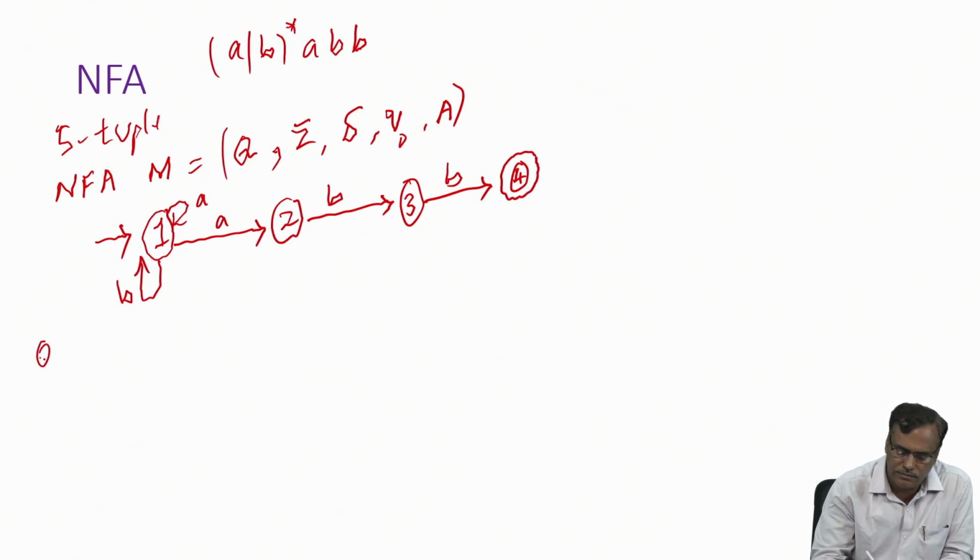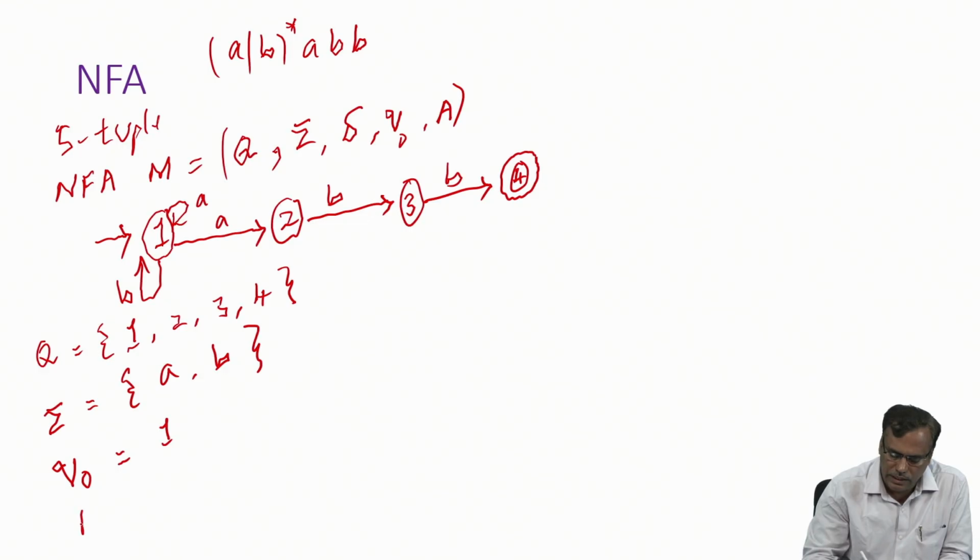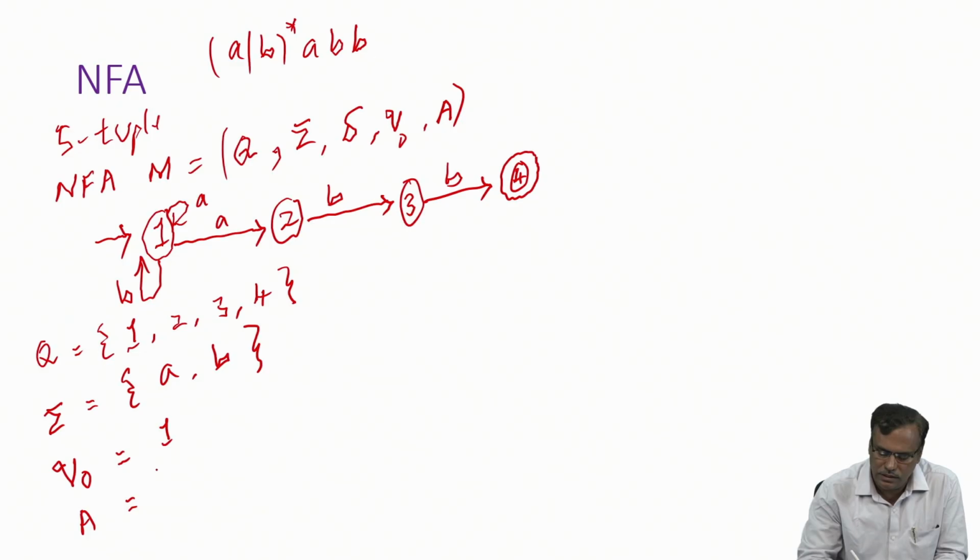Here the set of states is 1, 2, 3, and 4. Here sigma denotes the alphabet. The alphabet consists of the symbols A and B. Q0 here refers to the start state, that is 1, and F, the set of final states, which are double circled, is 4.